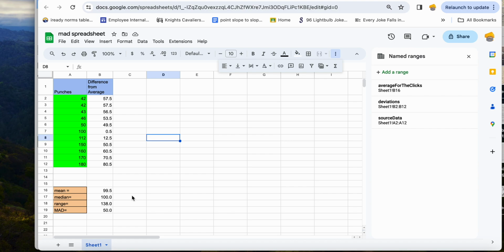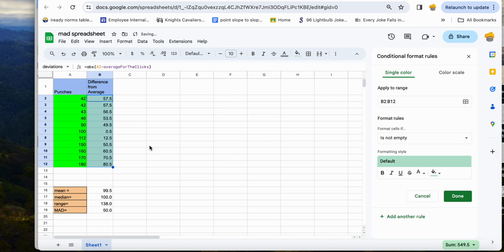Another thing that you maybe haven't done before is some conditional formatting. Let's just highlight the ones where they're really far from the mean. Okay, so we're going to highlight from B2 to B12, and we're going to go to conditional formatting.